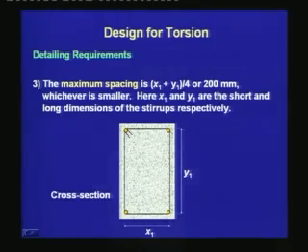This requirement has come from the space truss analogy that the stirrups should traverse all the inclined cracks, and based on that requirement, the maximum spacing is x1 plus y1 divided by 4, where x1 is the smaller dimension of the closed stirrup and y1 is the larger dimension, and there is an upper limit to this expression which is 200 millimeters.